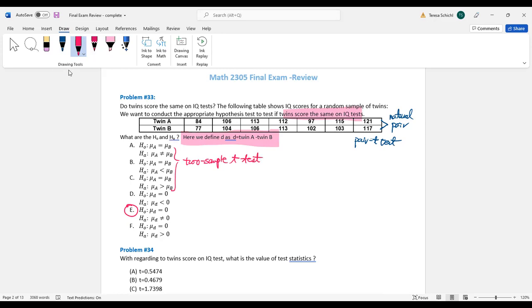But I know the twins are a natural pair, so I have to use the paired t-test. So I need to use the D's here. That's why my hypothesis is mu D not equal to 0.